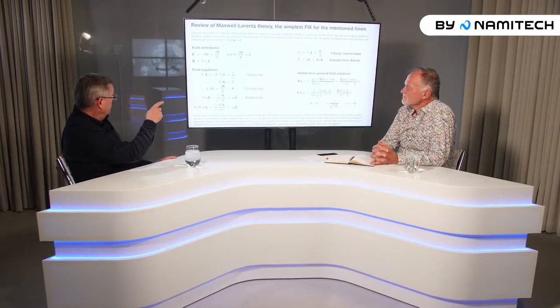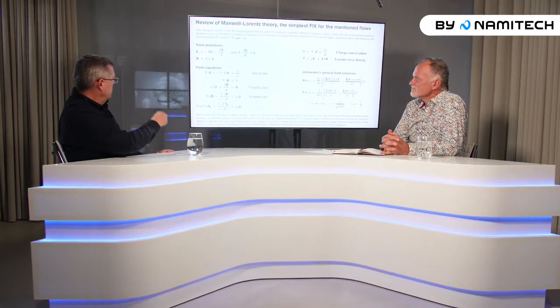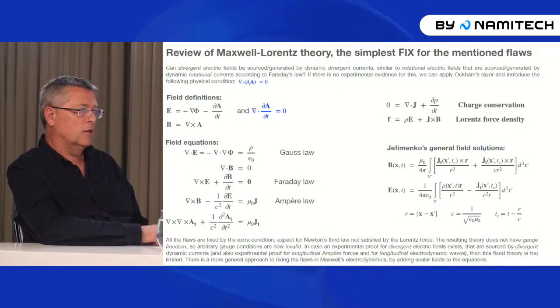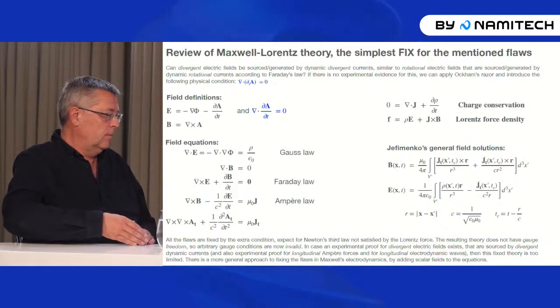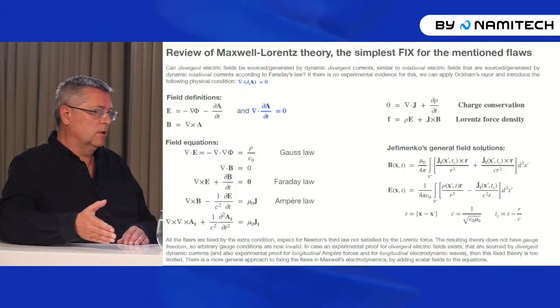Then all the field equations change a little bit with this extra condition. For instance, the Gauss law becomes a Poisson equation for the electric potential. And that means that the Coulomb field becomes instantaneous. It's no longer a wave function that propagates with the velocity c. It now becomes instantaneous.